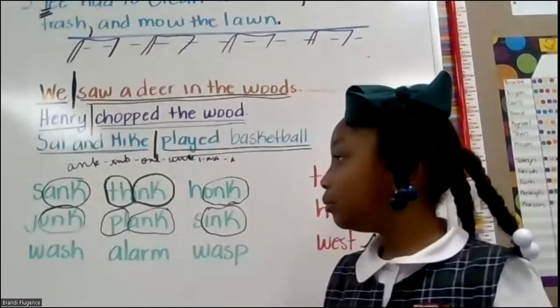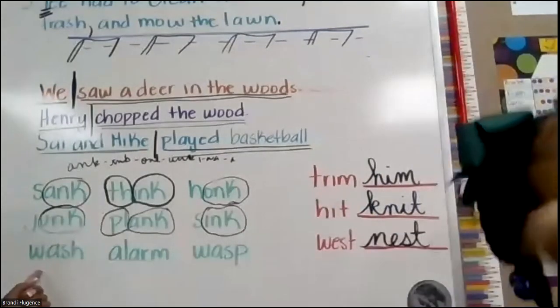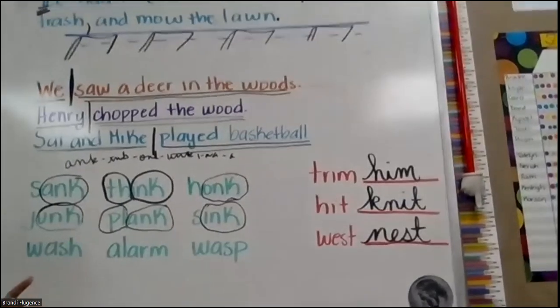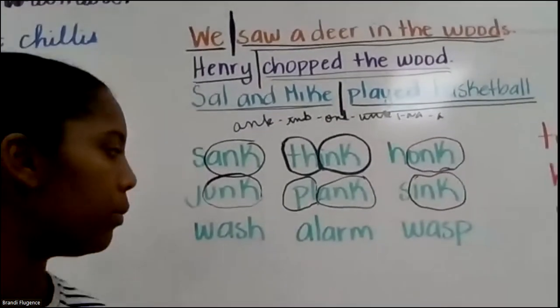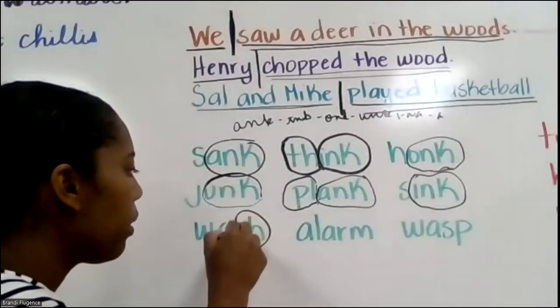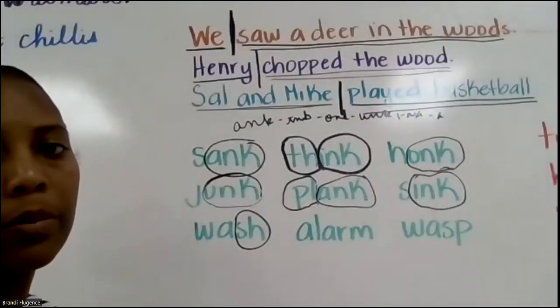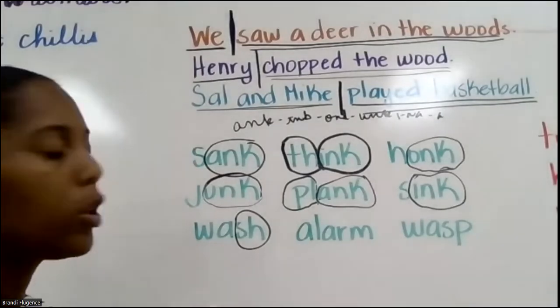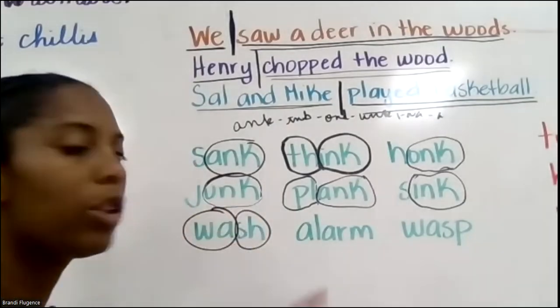See, okay. All right, Joshua, next one, sounds. You circle SH. Okay. Wash. Good.